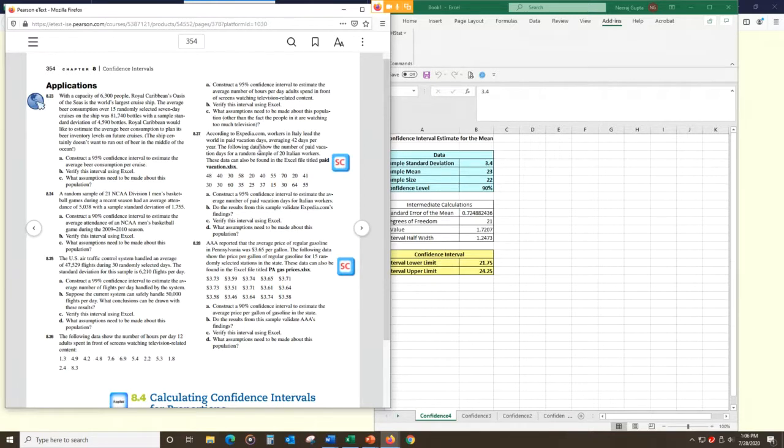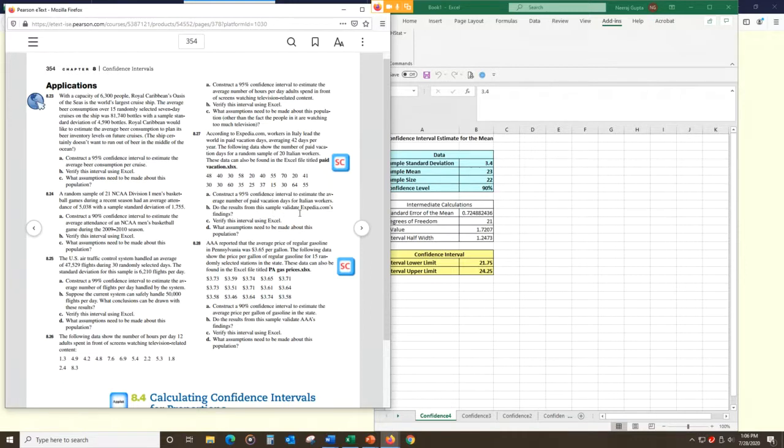It says we're given data from Expedia.com. Workers in Italy lead the world in paid vacation days, averaging 42 days per year, and then you need to find a 95% confidence interval to estimate the average number of paid vacations.